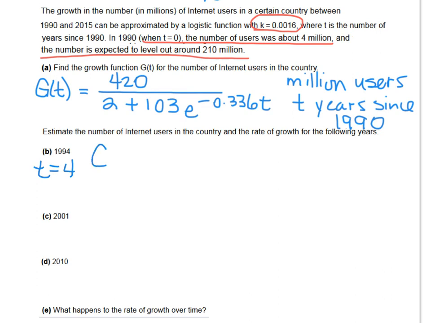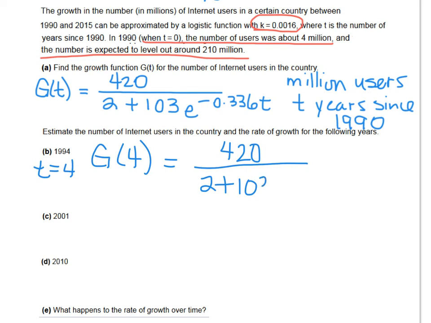So we are going to find g of 4, which is 420 divided by 2 plus 103e raised to the negative 0.336 times 4. And since we're going to have to do several of these, I'm actually going to plug that into the calculator and use the y1 function.